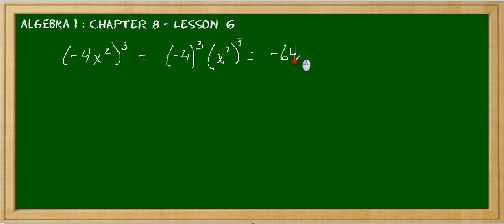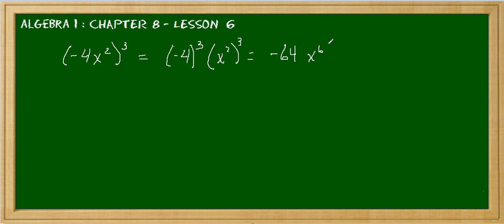If we raise x squared to the third power, by applying the third law, we have x to the 2 times 3, and 2 times 3 is 6. So we'd have negative 64 times x to the 6th power. Now we wrote the expression without parentheses. That's equivalent, and that was the instruction we were given.